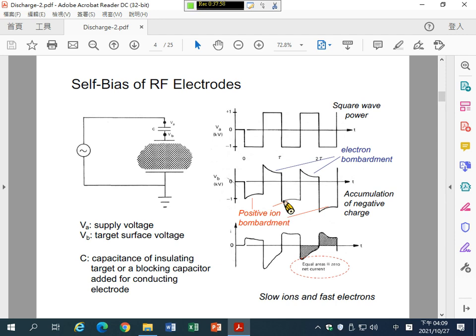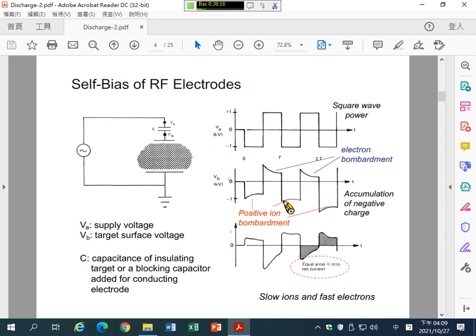So these things happen. In this half cycle the electrode collects positive ions, and in another half cycle the electrode collects electrons.